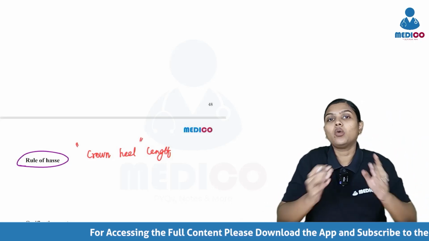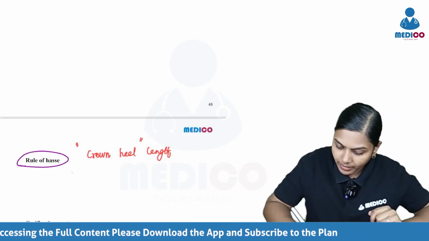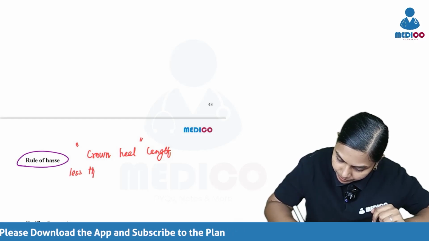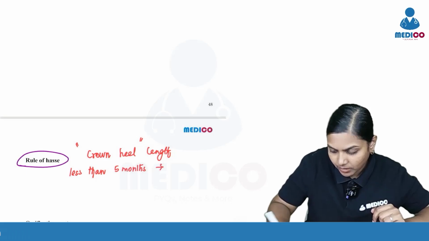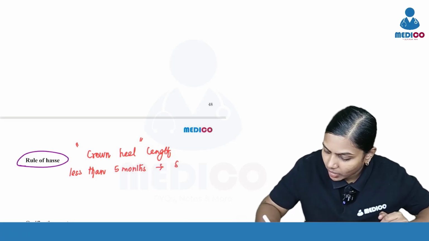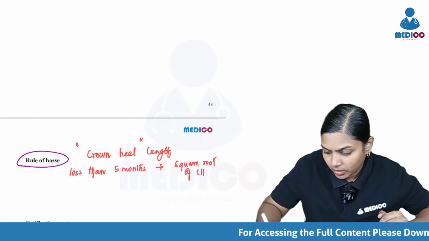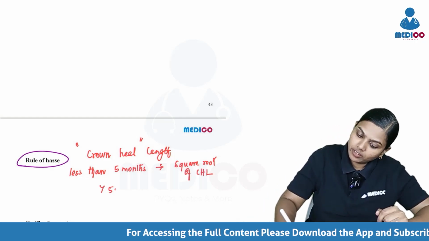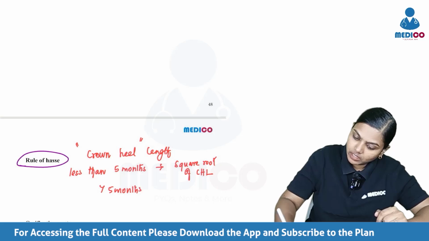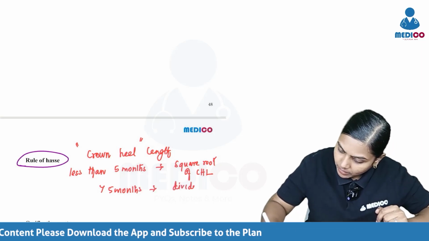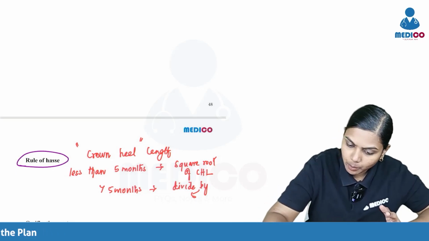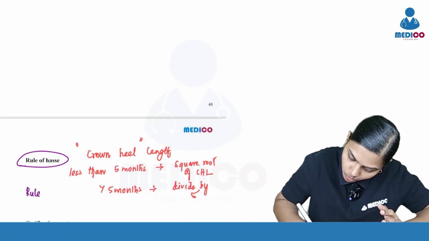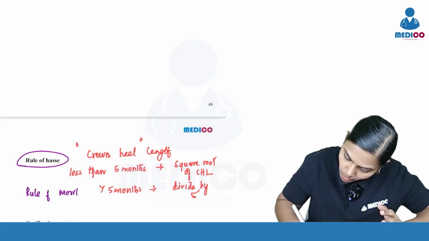If it is less than 5 months, we take the square root of the crown heel length. If it is more than 5, we divide by 5. Clear? And the second part is also known as rule of Morrison.